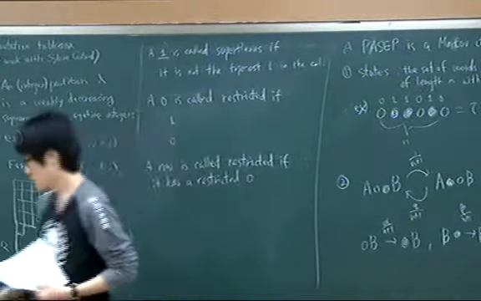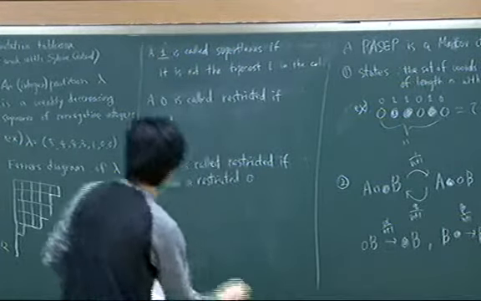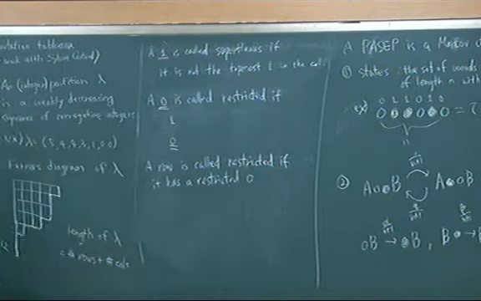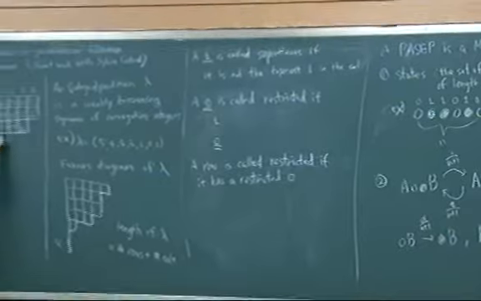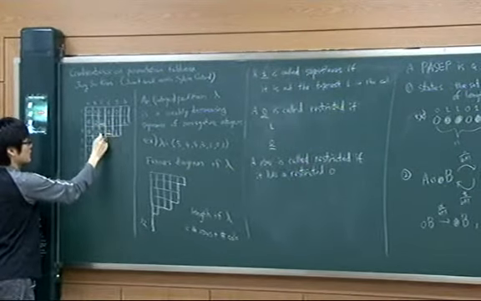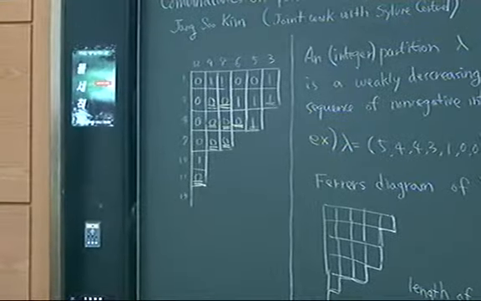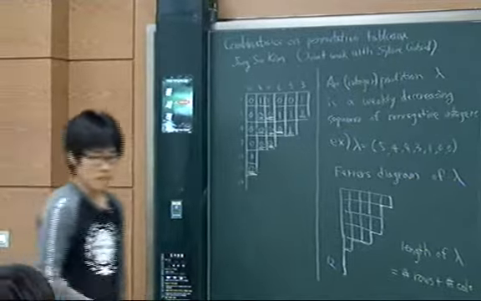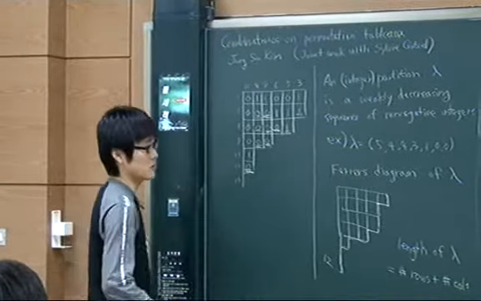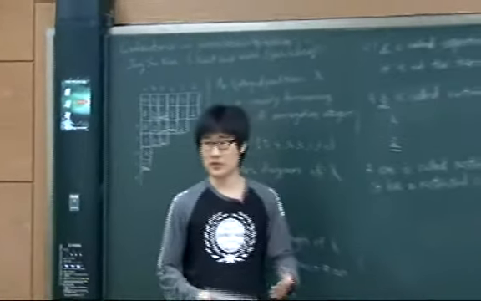So, for example, let's find restricted zeros. So restricted, restricted, restricted. All right. If it's not restricted, then it's unrestricted.